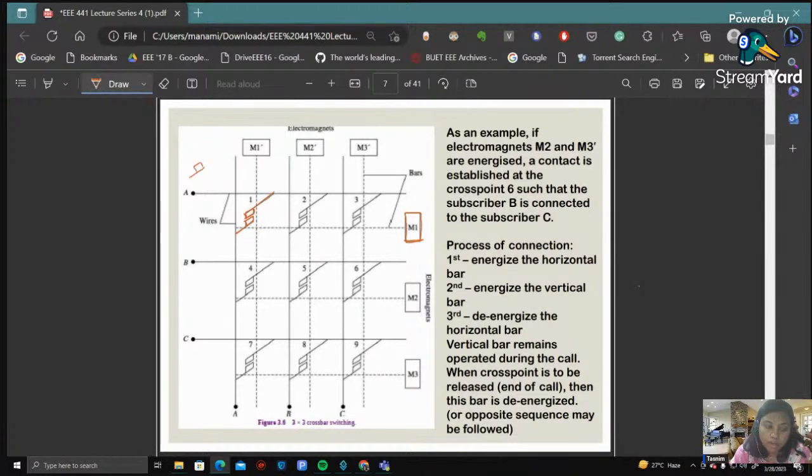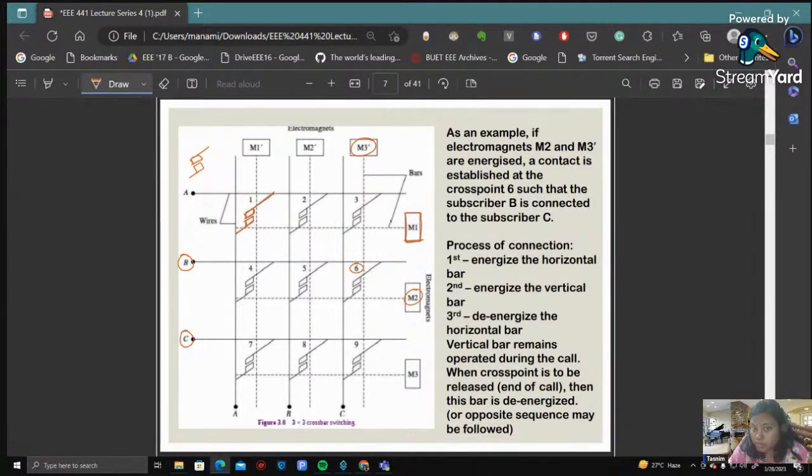So this is one, this is 2, and this is something like this. As an example, if electromagnets M2 and M3 prime are energized, a contact is established at 6 such that subscriber B is connected to subscriber C.